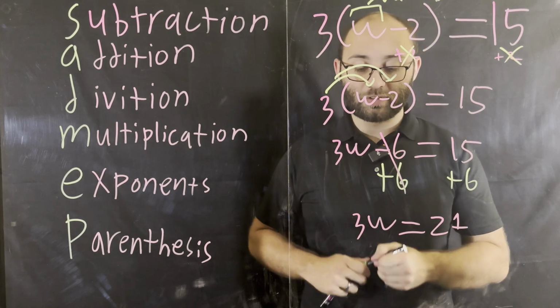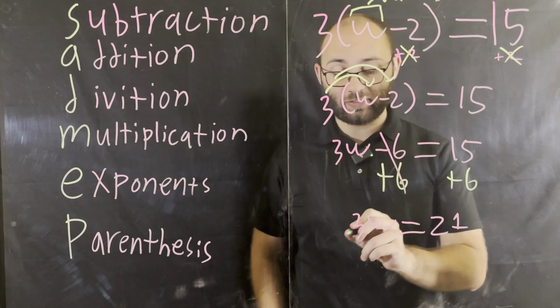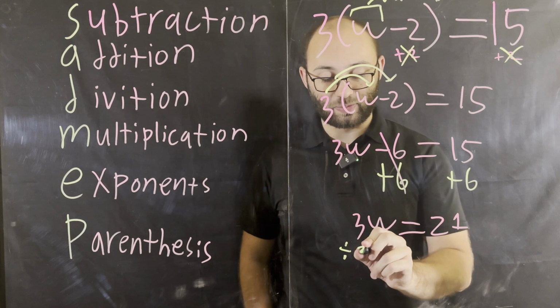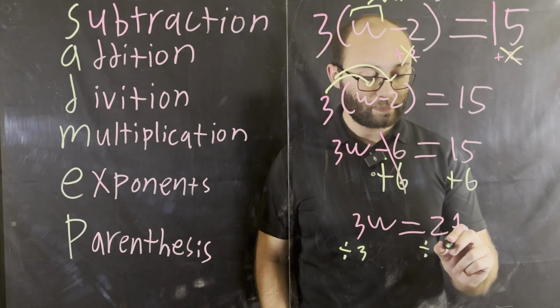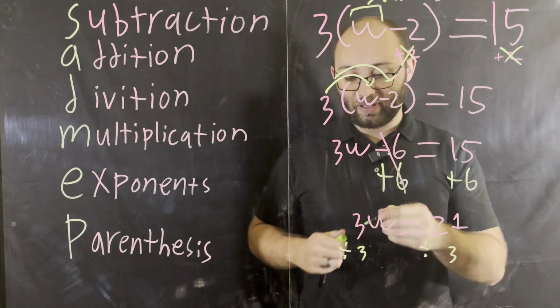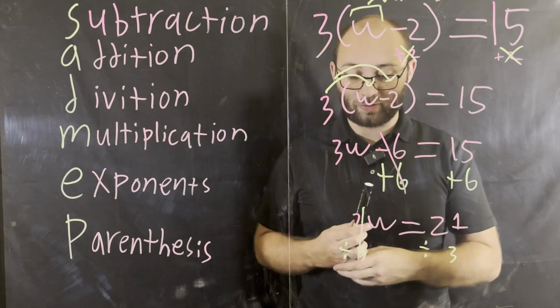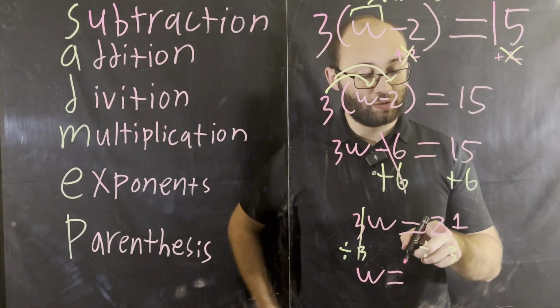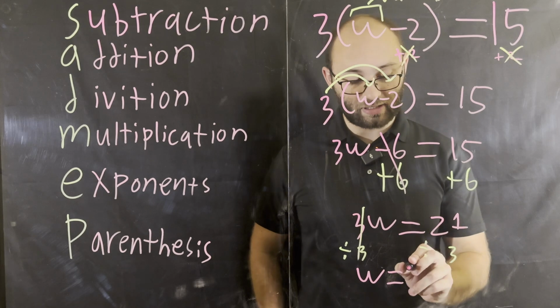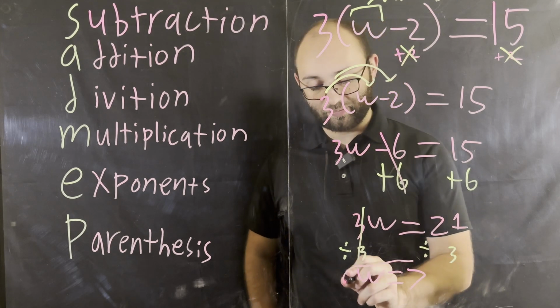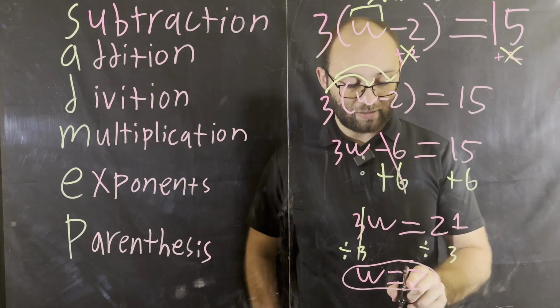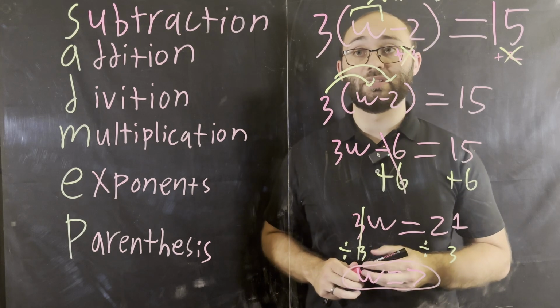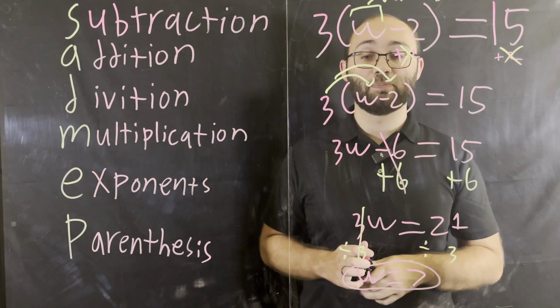And now w only has one friend left, so let's divide both sides by 3. These 3's cancel out, and I'm left with w is equal to 21 divided by 3 is 7. W is equal to 7 is the final answer for this problem.